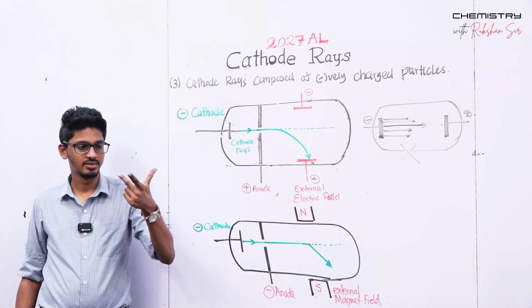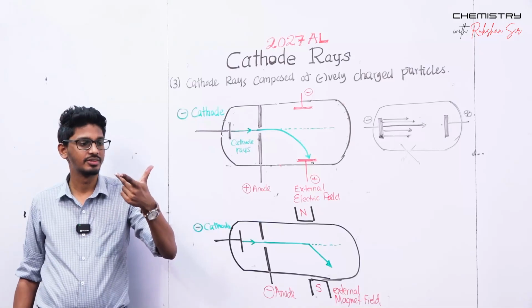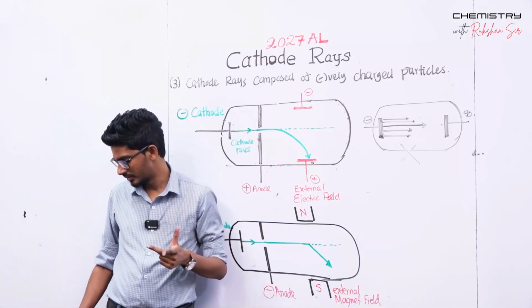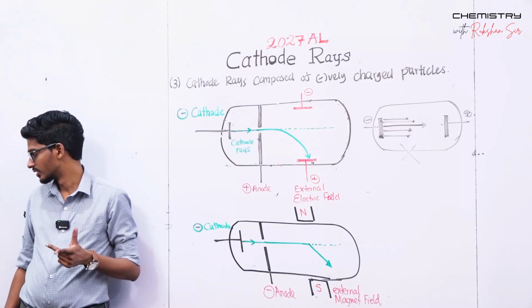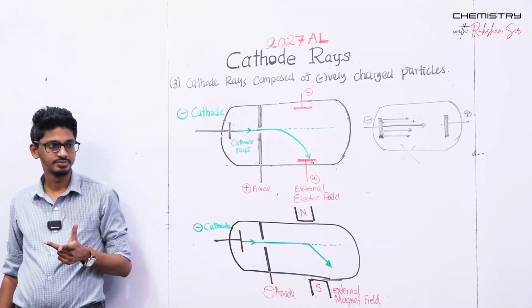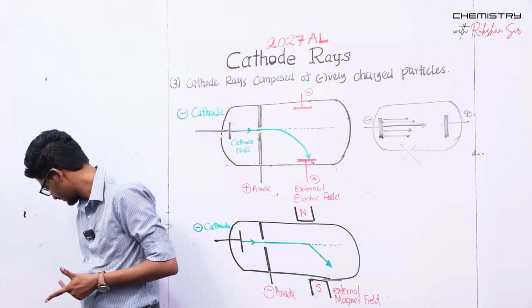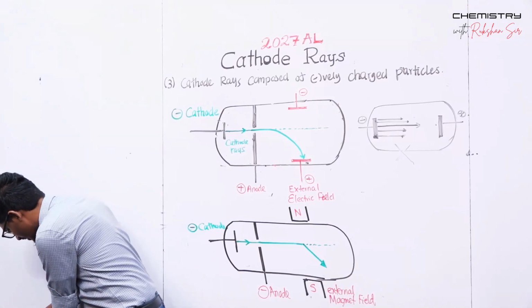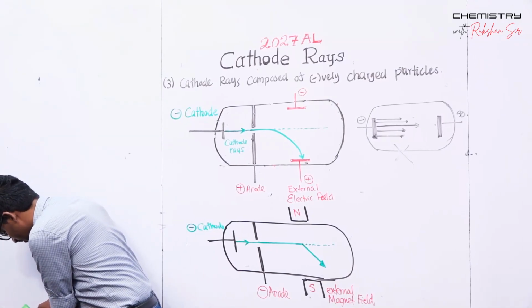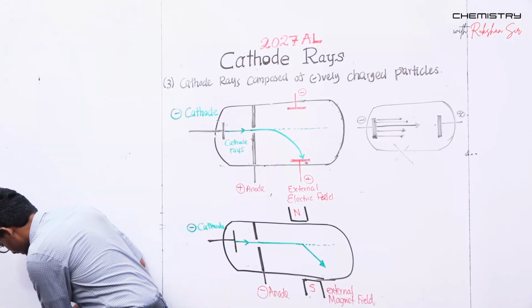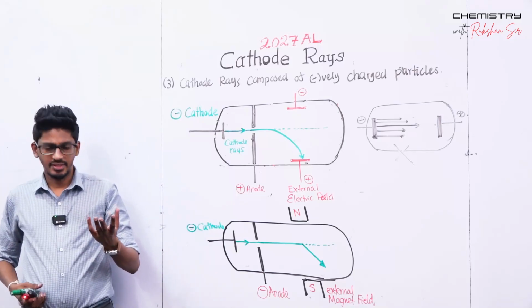So what are the components here? You have the thumb, index finger and the middle finger. Let's take this one correctly. It is like this, left hand.